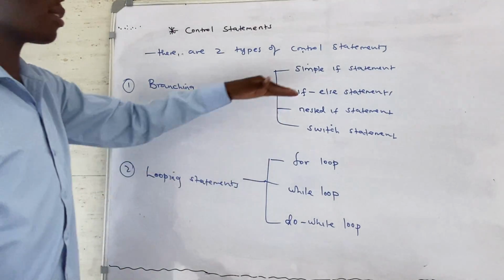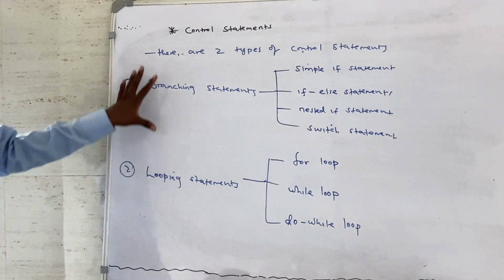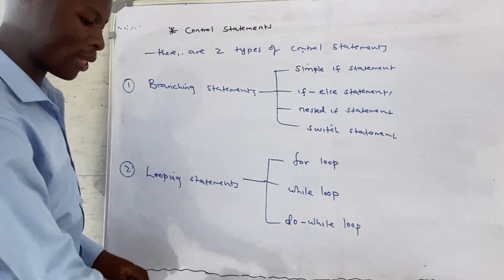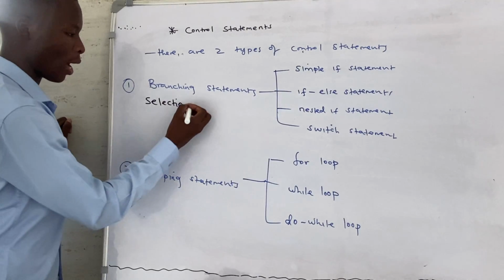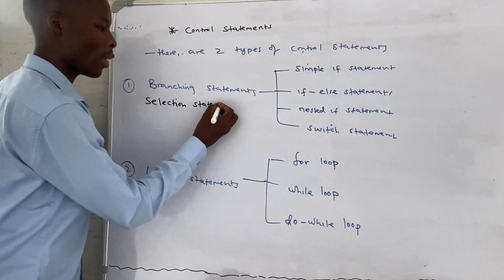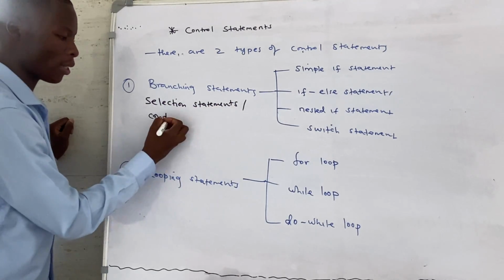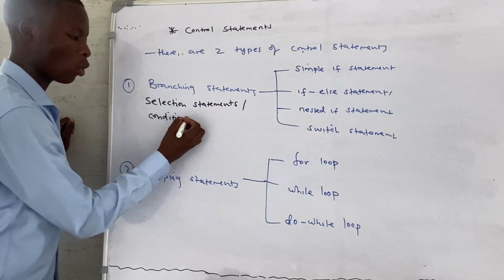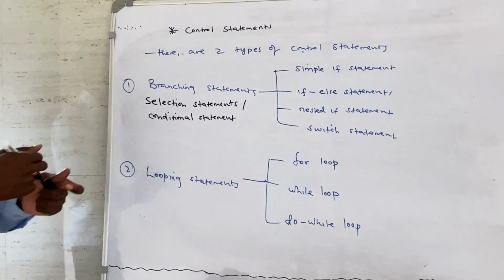So let's discuss the simple if statement. These branching statements are also called selection statements, or you can call them conditional statements. Why are we saying they are selection statements?